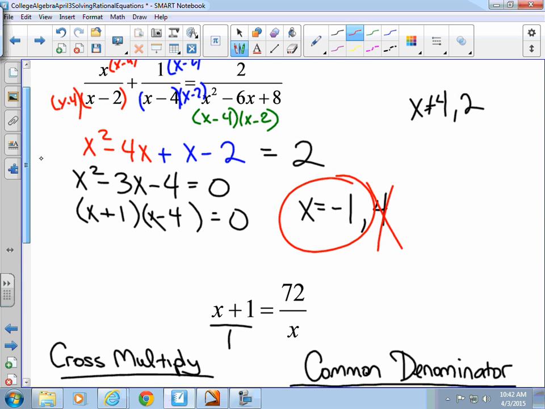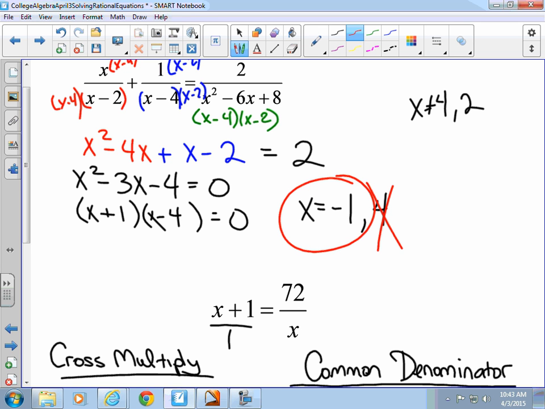If the two fractions have common factors on the left and right, or if there's addition, that's when you might as well go ahead and do a common denominator. If, once you got this common denominator, you cross multiplied, you would end up with a quartic equation. We don't want that. So that's where you would rather stick with this common denominator.